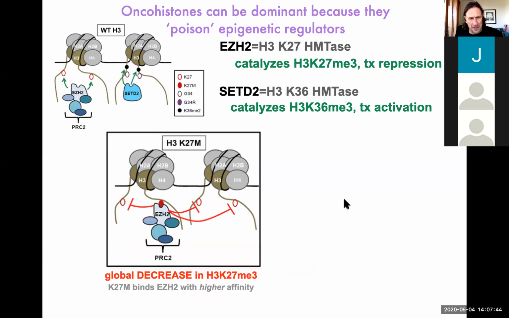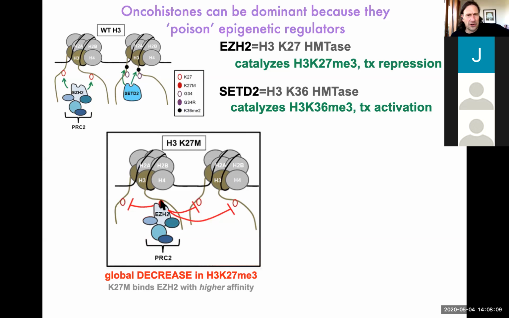Let's just focus on this example because I think the other example just confuses things. This is the one that I want you to try to remember, keeping in mind that there are probably other mechanisms for changes, mutations in histones that could be involved in cancer.